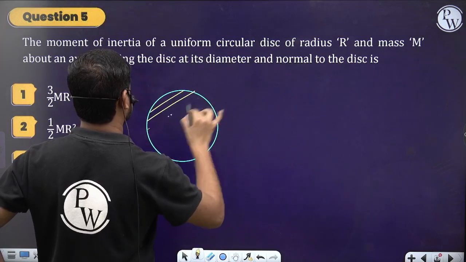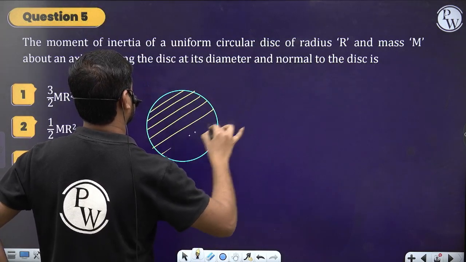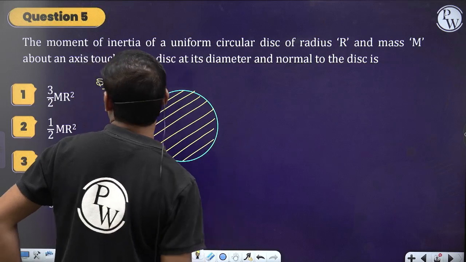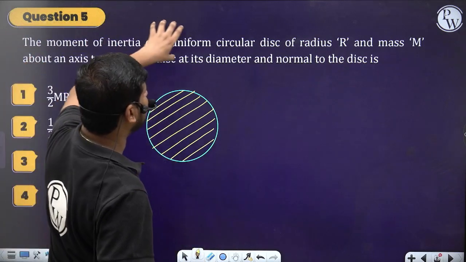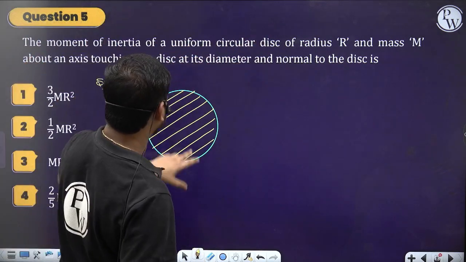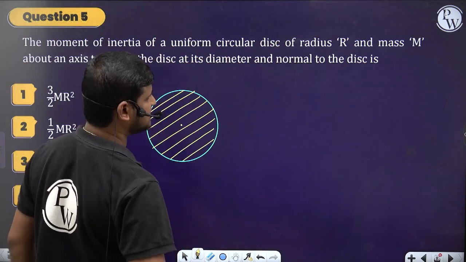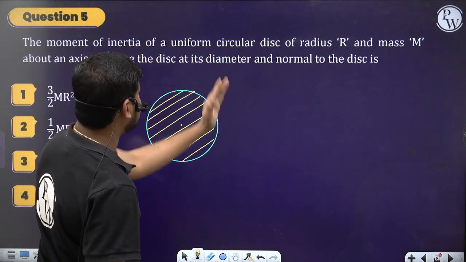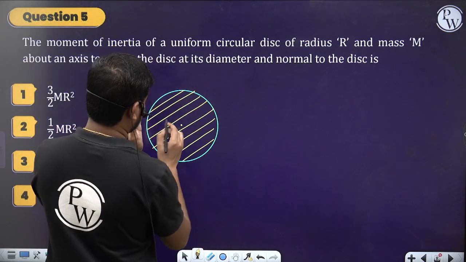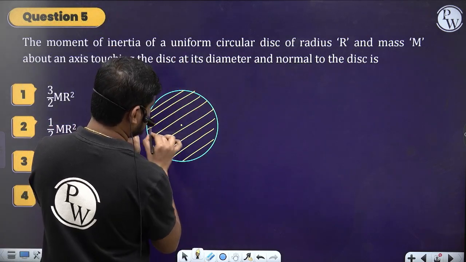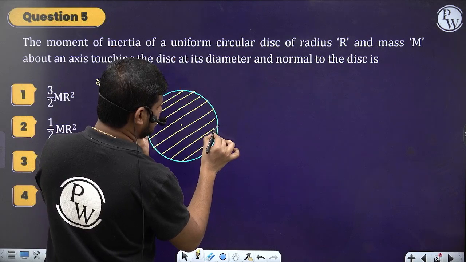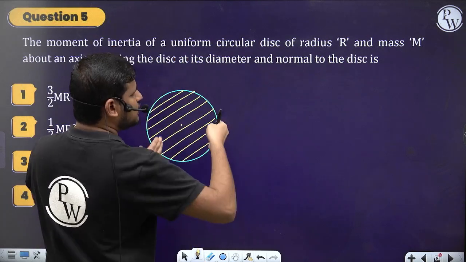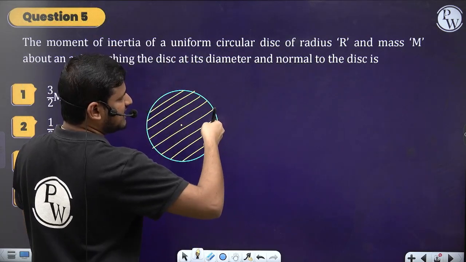Consider this is a disk of radius r and mass m. If I consider this is the diameter, then the axis is touching the diameter and normal to the disk.